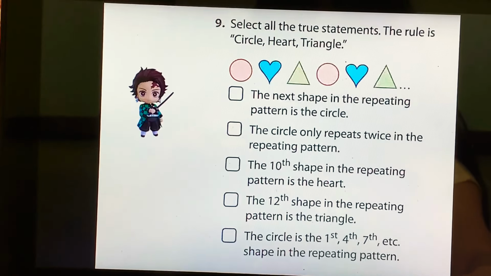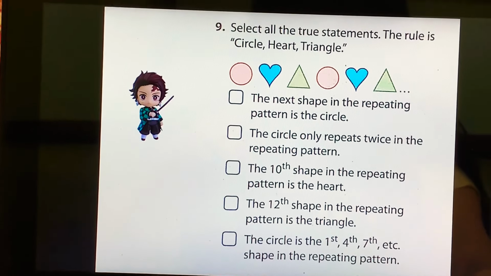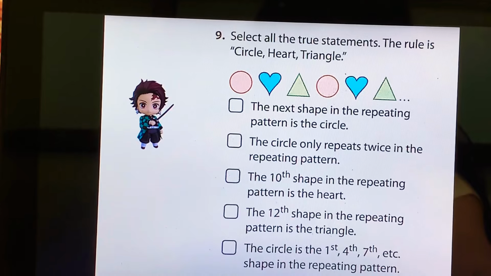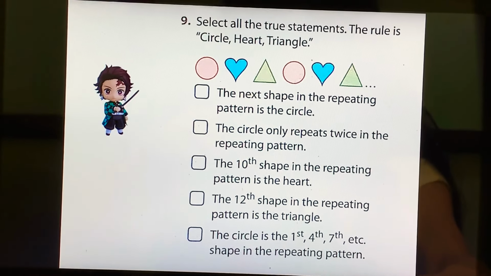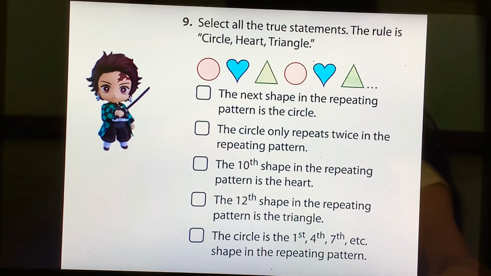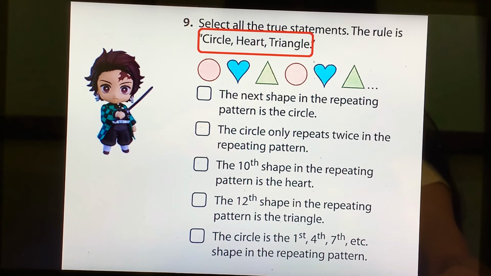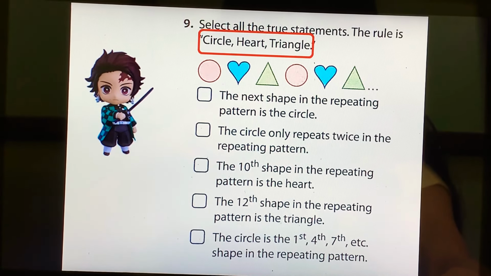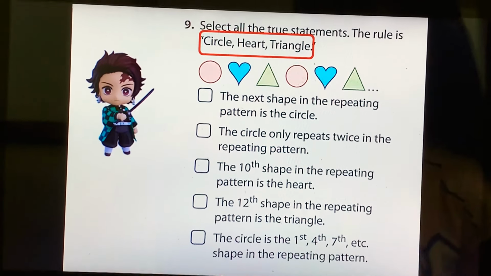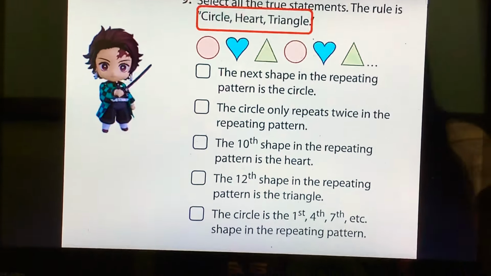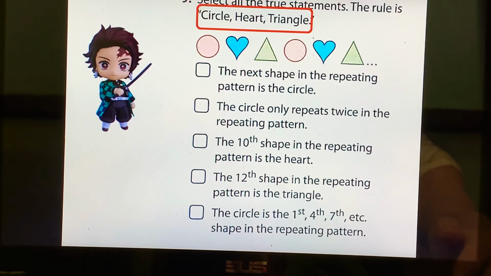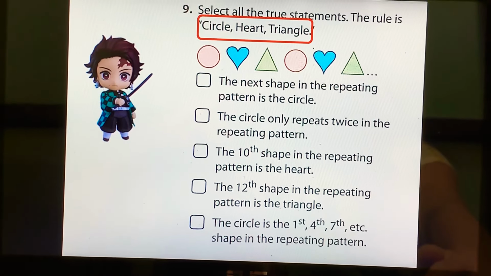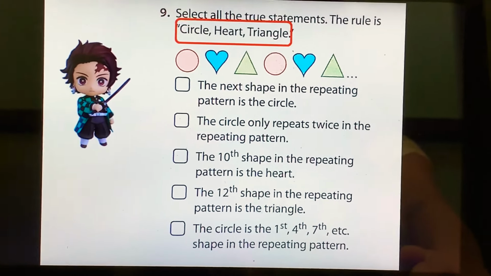Select all the true statements. The rule is circle, heart, triangle. The next shape in the repeating pattern is the circle. Is it true? The circle only repeats twice in the repeating pattern. Is it true?